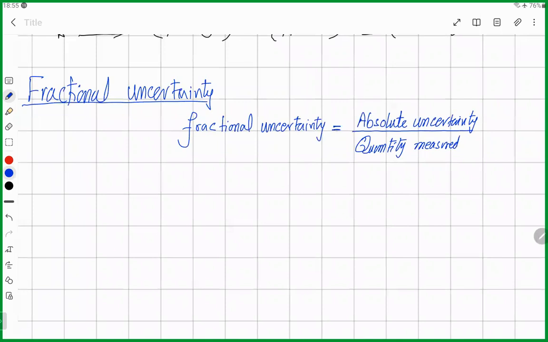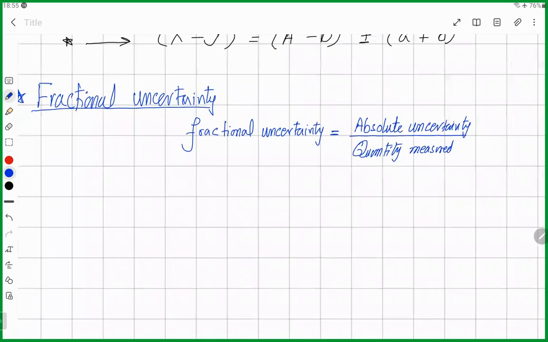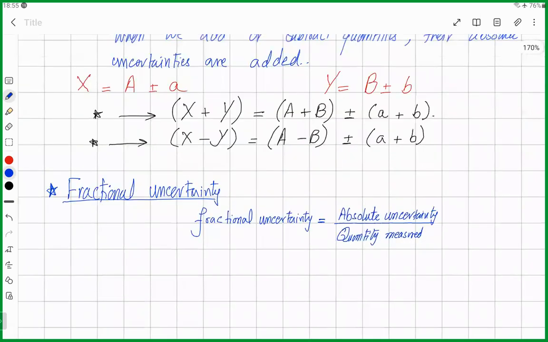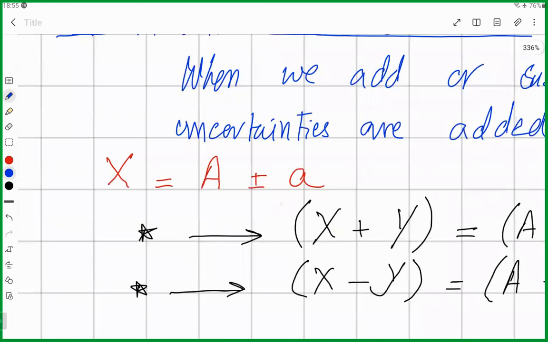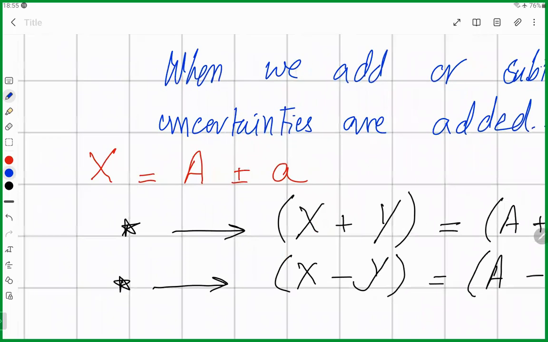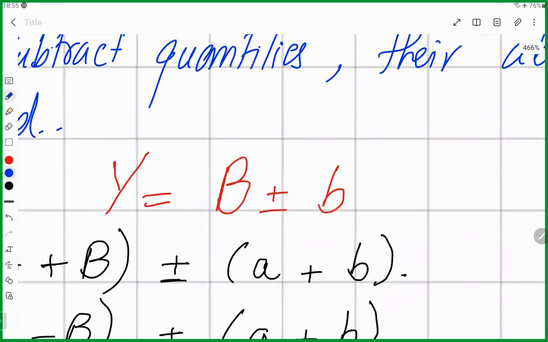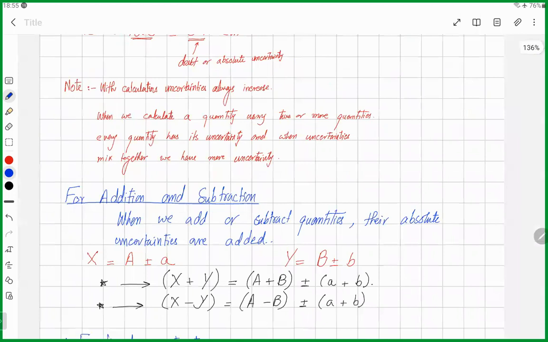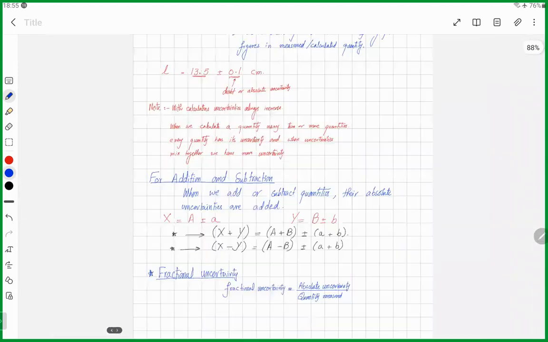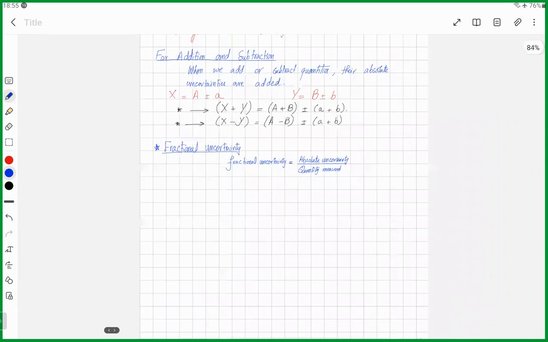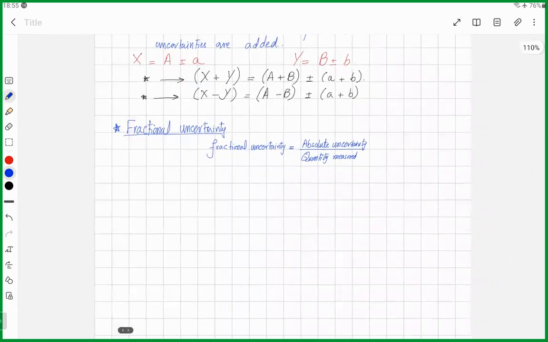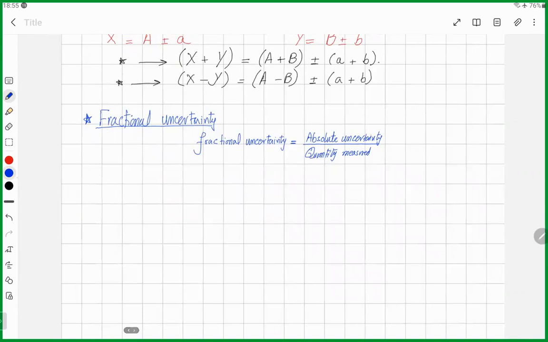For example, the fractional uncertainty of x is small a divided by capital A, and the fractional uncertainty of y is small b divided by capital B. So fractional uncertainty is absolute uncertainty divided by the measured quantity. And when we have done fractional uncertainty, this is the time to do percentage uncertainty.